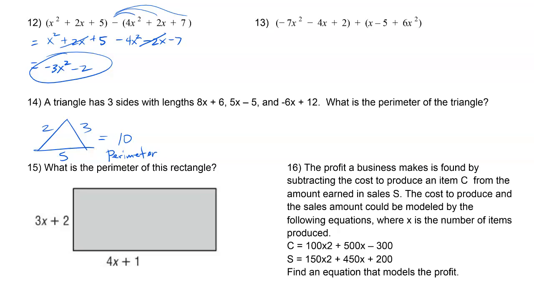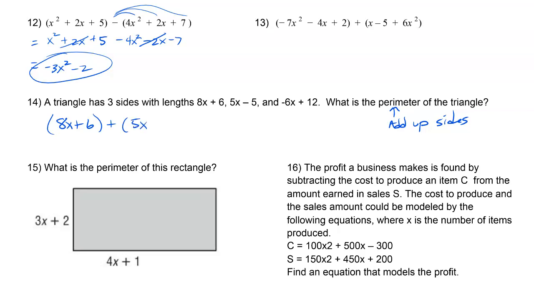So on this question, the sides aren't actual regular numbers. So what we're going to have to do to find the perimeter is add up whatever sides you're given. So right here, we have 8x plus 6 plus 5x minus 5.